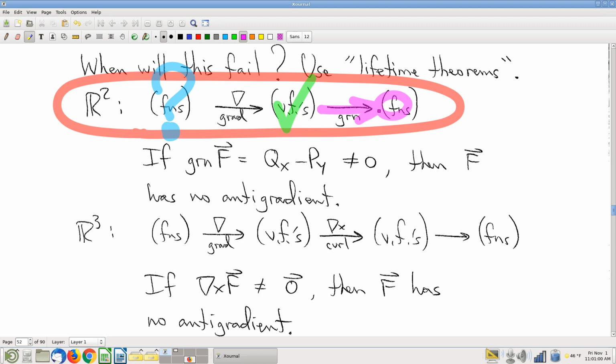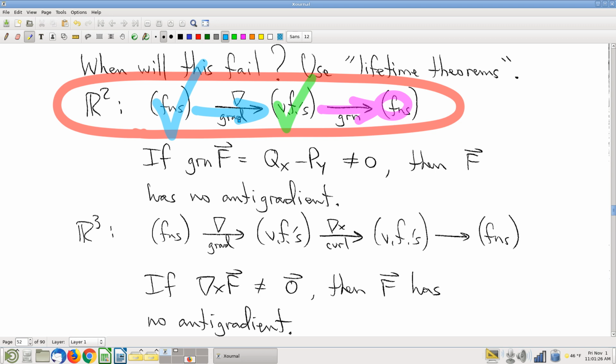If it starts on the far left, it's got to die on the far right. See what I'm saying? Okay. Furthermore, let's suppose that I've got a vector field and Green's operator gives you 0. Well, if it dies here, everything's got a lifetime of 2. That means that it was born there. In other words, that vector field does have an antigradient.